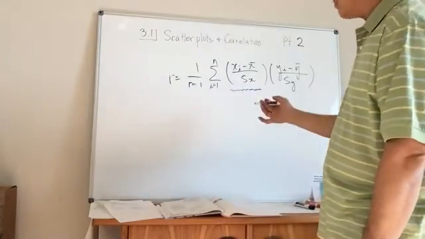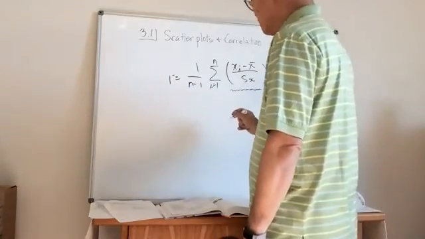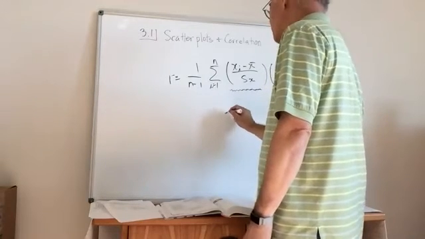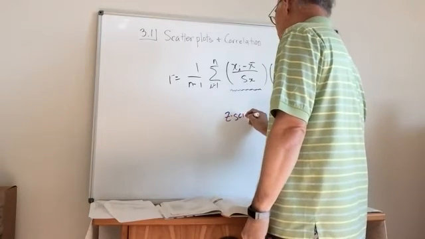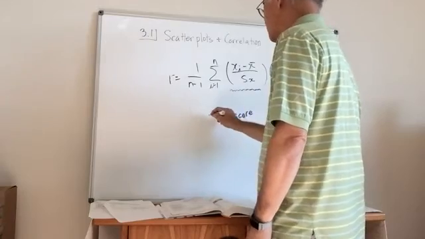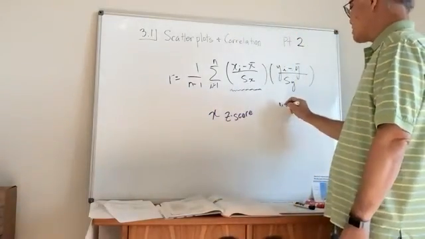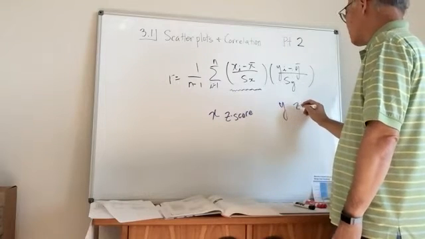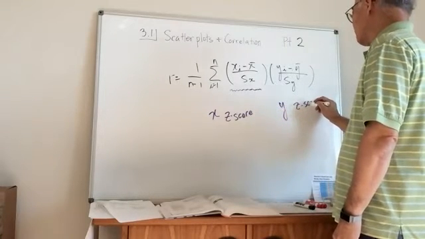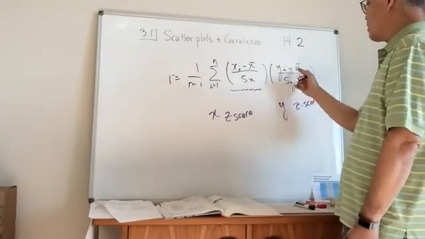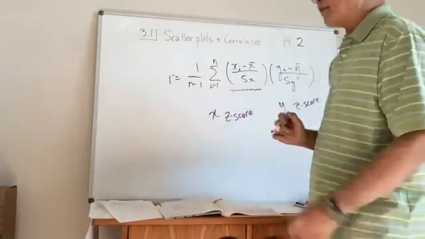Anybody remember? The Z-score. This is the Z-score in the x direction, whereas this one is the y Z-score: y_i minus the mean, divided by the standard deviation, right?